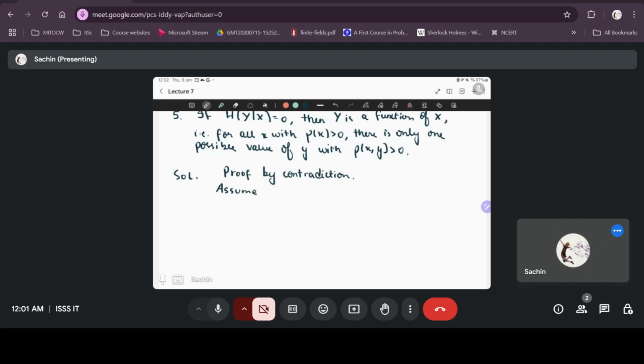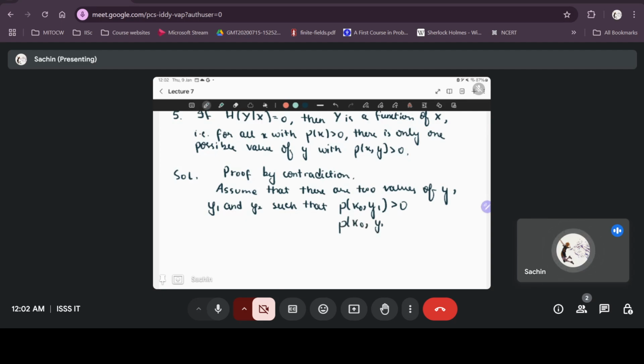Assume for the purposes of contradiction, there are two values y1 and y2 such that p of x0 comma y1 greater than 0, p of x0 comma y2 greater than 0 for some x0.